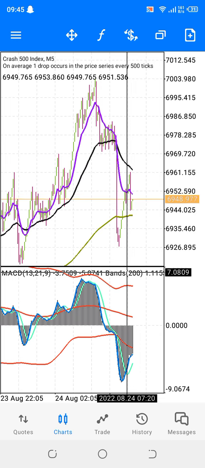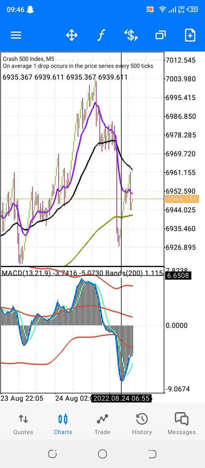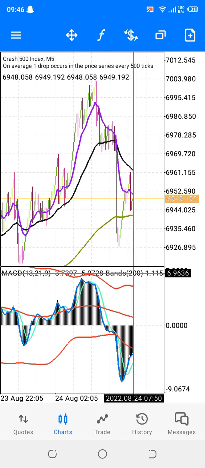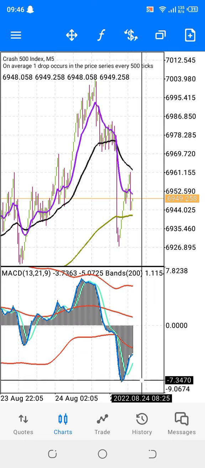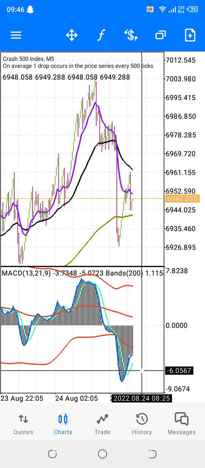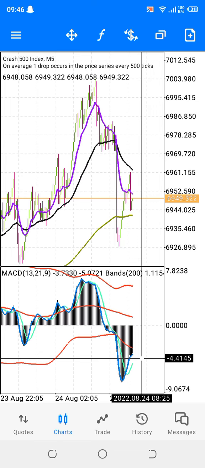So actually the good news is you can buy on both Crash 500 and Boom, as well as sell. Just wait for the first confirmation. You wait for the market to go above the Bollinger Bands so that you can sell, or you wait for it to go below the Bollinger Bands so that you can buy.